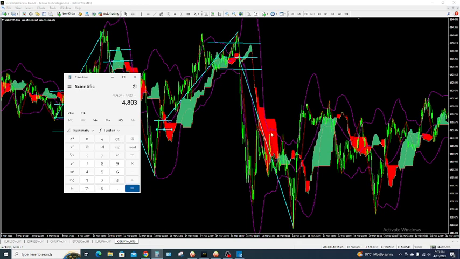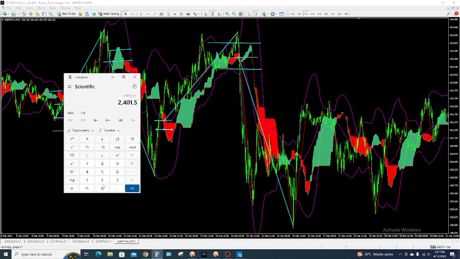No wonder the cloud here is very heavy. 4,803 times 0.25. Remember 0.25 in two places, times 2.